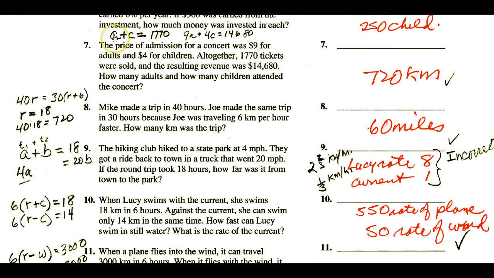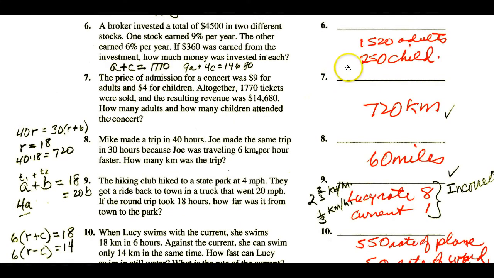So the number of adult tickets plus the number of children's tickets equal the total tickets. $9 per adult ticket gave you the money taken in from adults. $4 for each children's ticket. Amount of money taken in from children's sales gave you this total. I would suggest substitution, but you could also use elimination. And there are the answers over there as well.